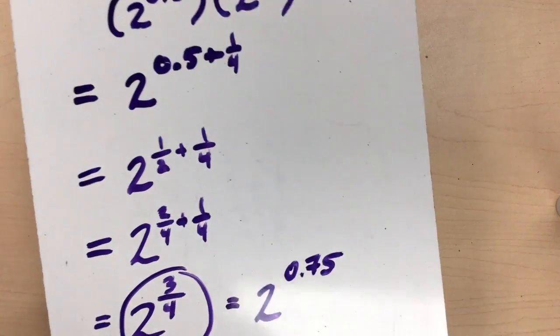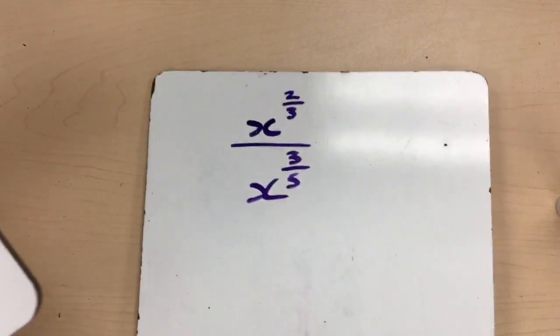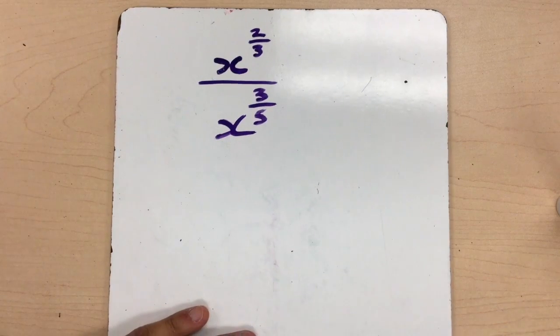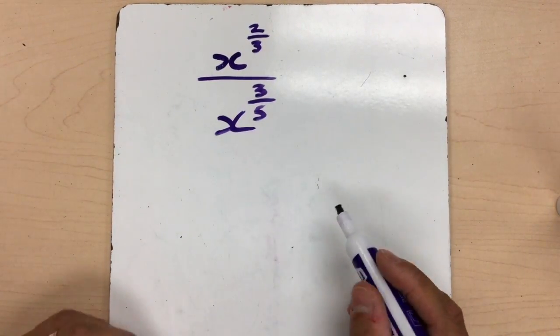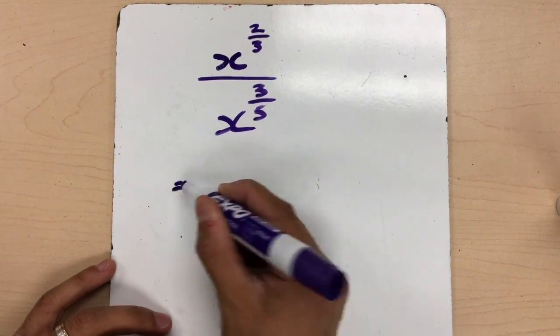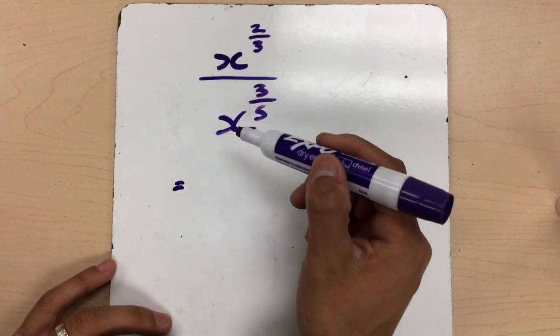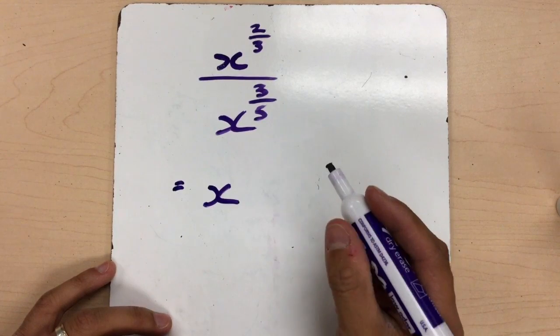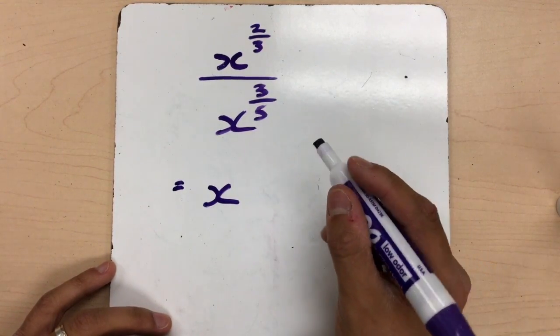Next example we're going to look at involves our quotient law, our quotient of powers. So again, I have the same base of x. Our quotient of powers tells us that if we have the same base, different exponents, then we work to combine the base and subtract the exponents.